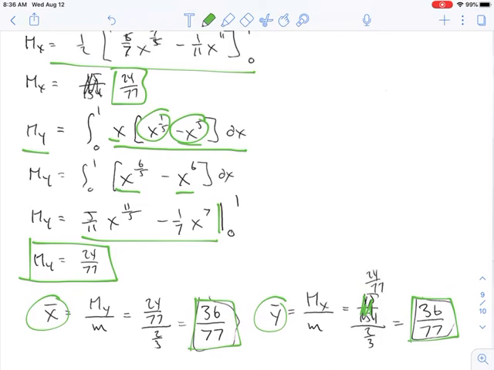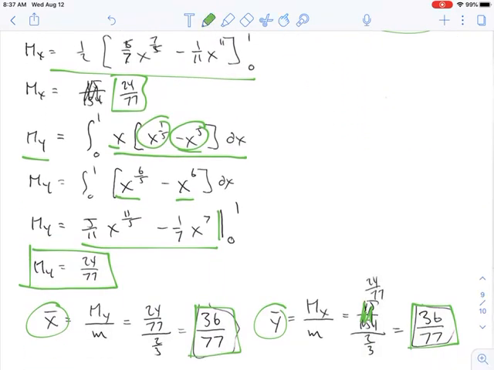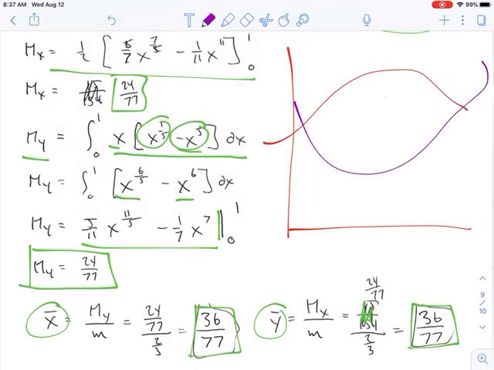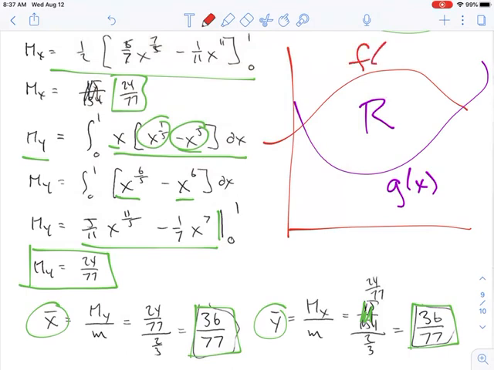And so that is the process for finding the center of mass, or centroid, of a lamina, which is created between two curves. So what we're doing here is you've got a curve and you've got another curve. And here is our region. And so you've got g of x as the bottom one, and f of x as the top one.